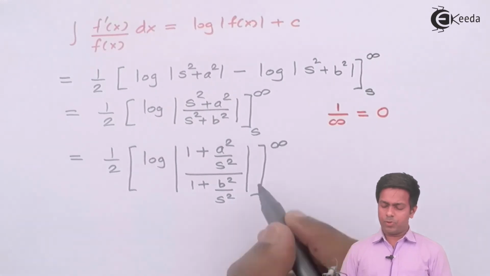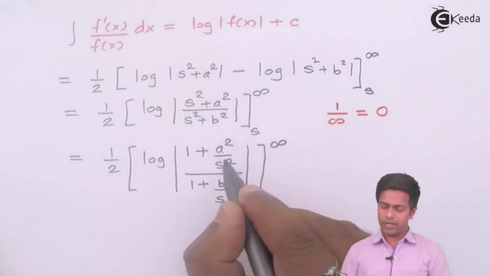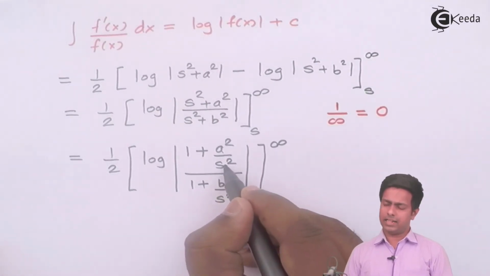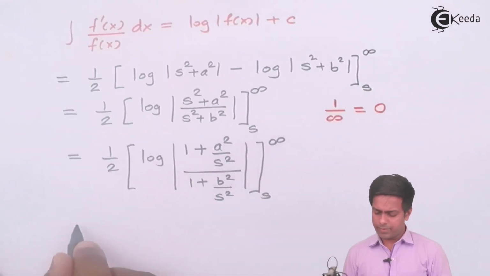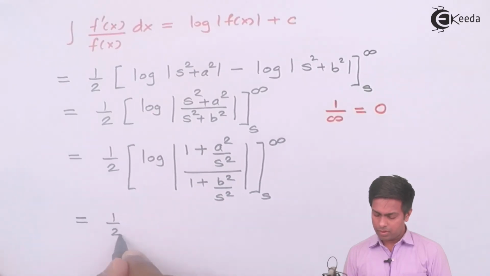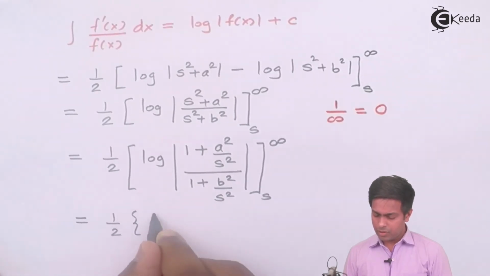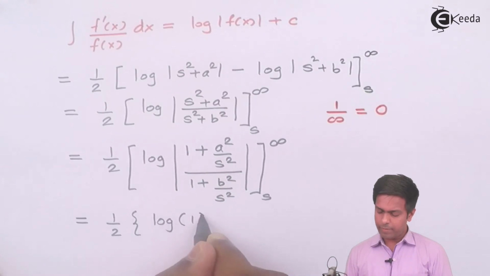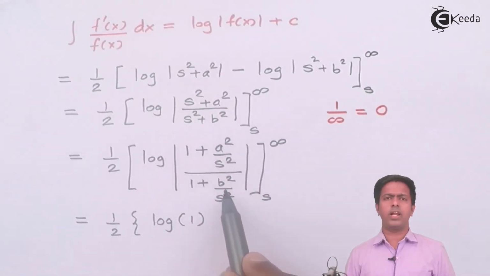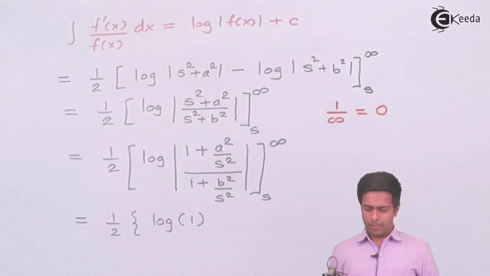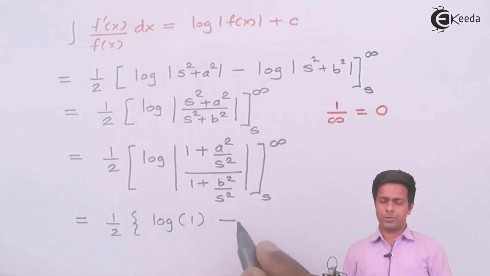So guys, now let's put s as infinity. So here we will get a square upon infinity, and that is 0. So 1 plus 0 will be 1. So here we will get half in bracket log of 1, because 1 plus 0 is 1, 1 plus 0 is 1, and 1 upon 1 is 1. Middle sign minus. Now let's put the lower limit.